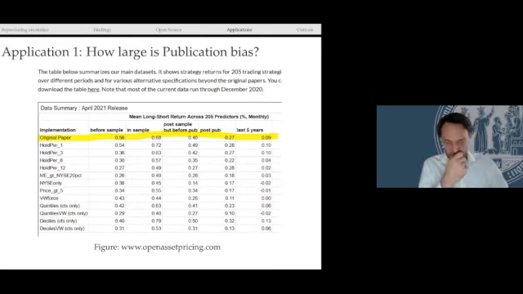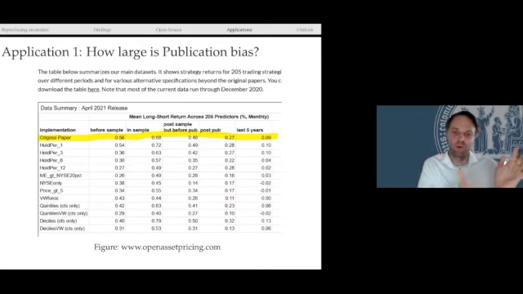One simple estimate to get a first measure of publication bias is the following idea. That is not our idea. This is from the McLean and Pontiff paper. From experience, you probably know that the publication process is often long and painful, and a lot of time can pass between the analysis of your data and the publication of your paper.